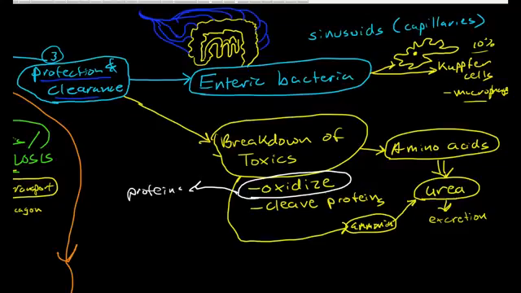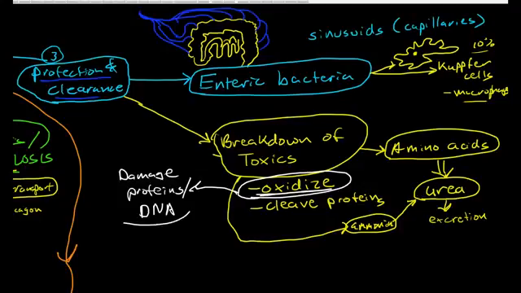So obviously it can directly damage important proteins in the body. And it also can damage DNA. So the liver uses oxidation to break down toxins, but it also needs to protect itself from oxidation, and so it produces antioxidants.